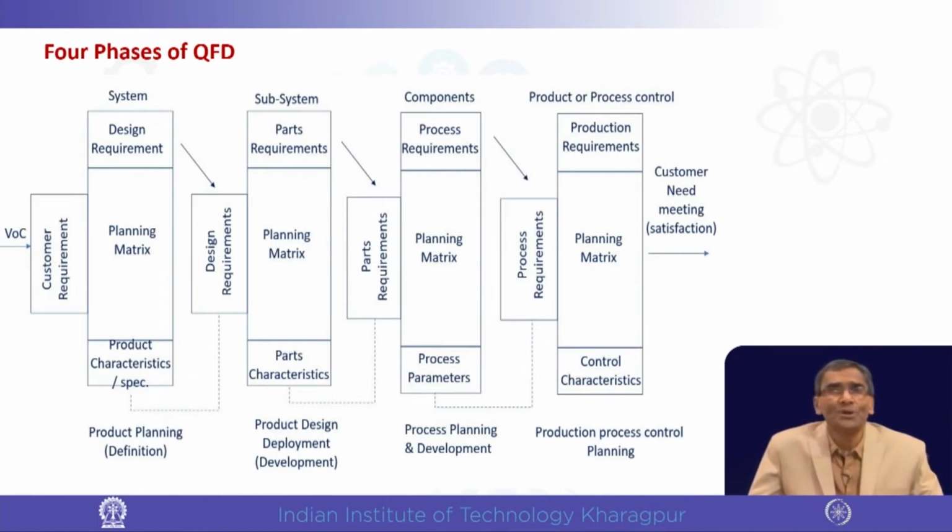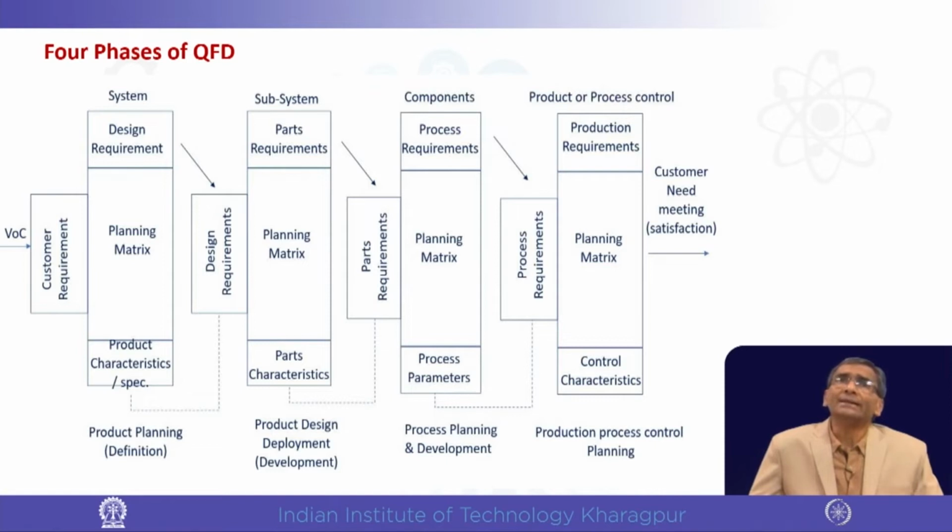When we try to match the customer requirement and the design requirement, because the requirement has to be met in an engineering way, that is the engineering requirement or design requirement or technical descriptors. That will form a matrix. That matrix is our major concern, because it will tell us which should be our priority, or which we should take forward.